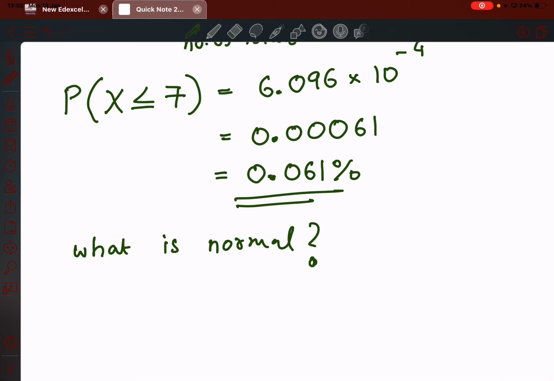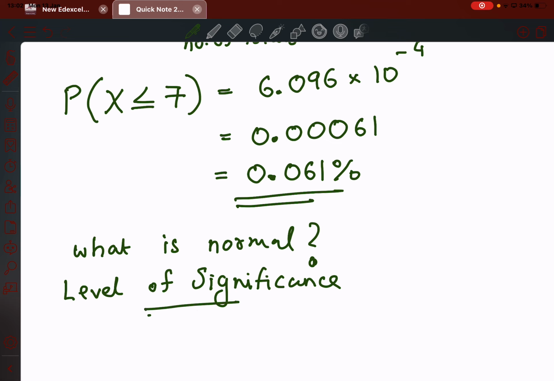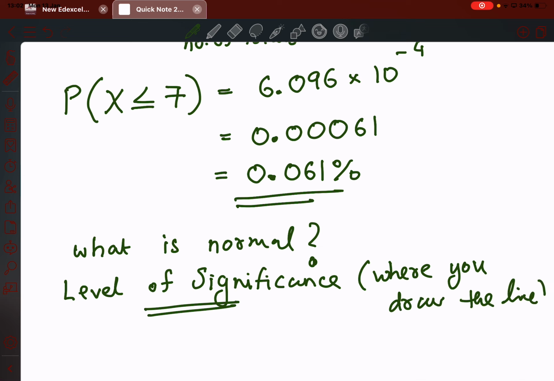So the question of what is normal brings us to the next idea. We call that the level of significance. Level of significance is where you draw the line. And usually, the standard percentages that we take, you can keep a 1% level of significance.